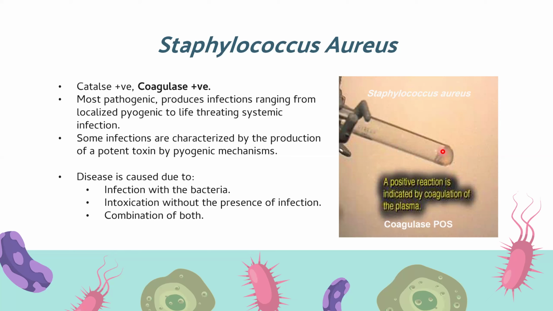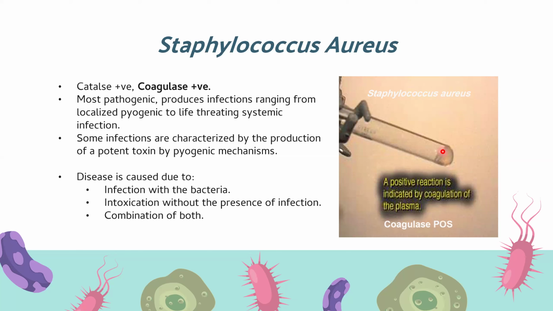And sometimes it can actually not cause infections in and of itself, but through its toxins instead. And we'll get to that in a second. Okay? So the disease is caused either from the bacteria or because of intoxication with the toxins, or a combination of both. And that is like something that you rarely see. Usually it's an infection that predisposes.